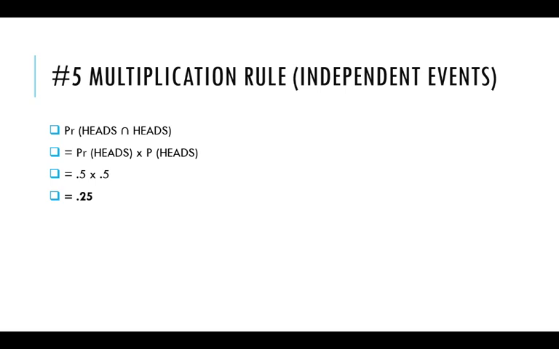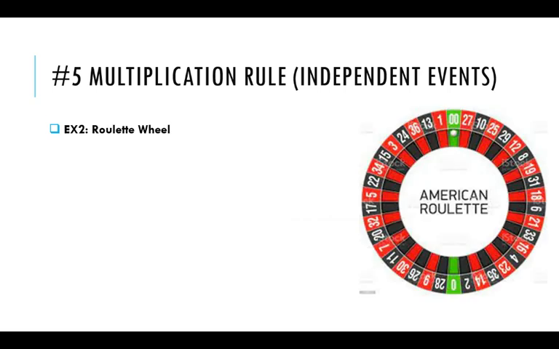I have a 0.25 or 1 in 4 chance of landing on heads 2 times in a row. And I'm going to say it again. Remember, this equation that we're working with is a little bit simpler because we have independent events. And we have to have a version of this rule for dependent events, but we'll come back to that.